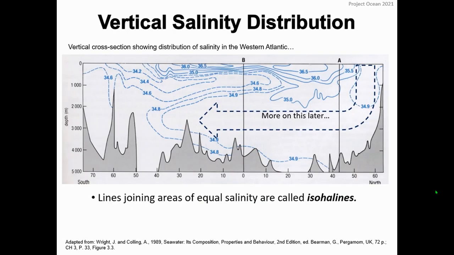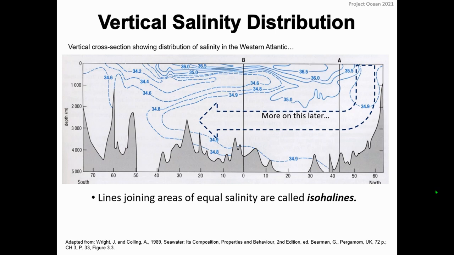We'll take a better look at salinity distributions in ocean basins when we get into density-driven circulation. For now, I want you to know that lines of equal salinity are what we call isohalines. We can use this to trace different water masses in ocean basins.